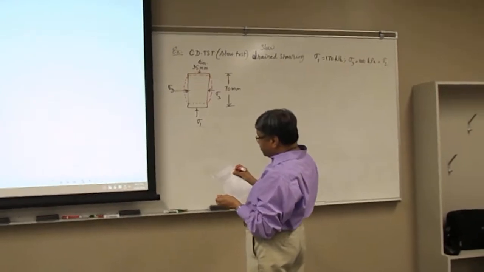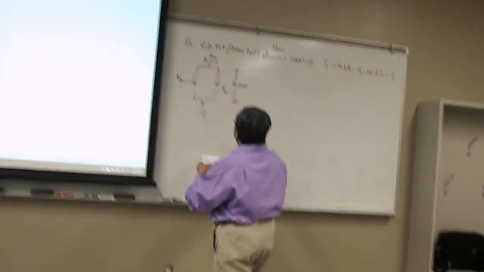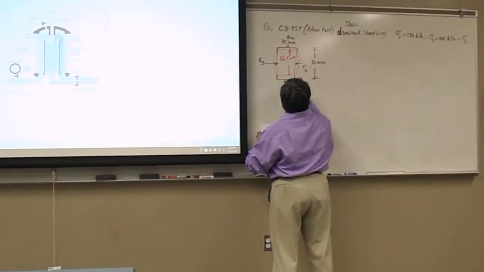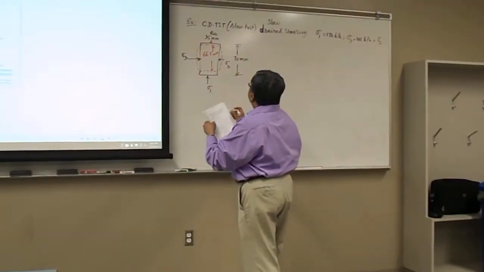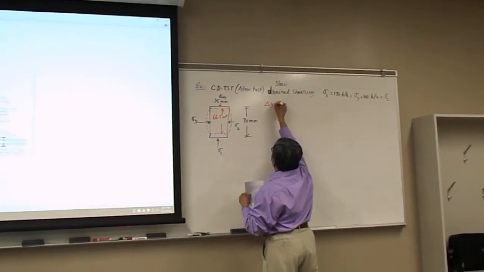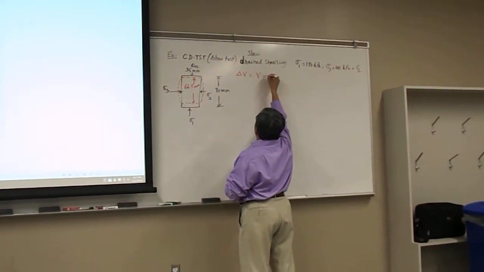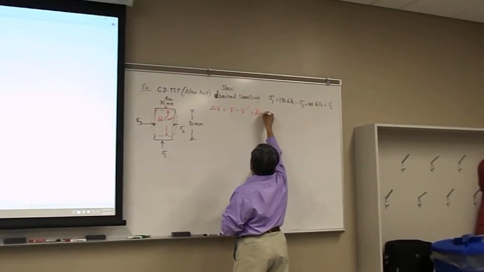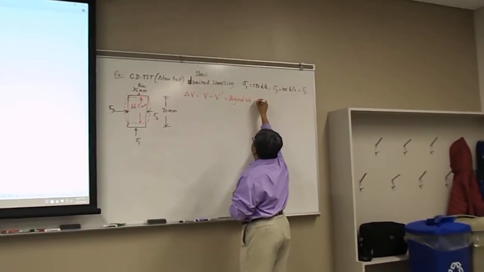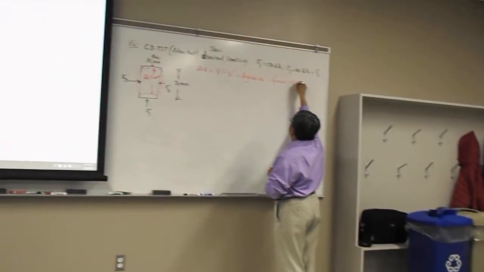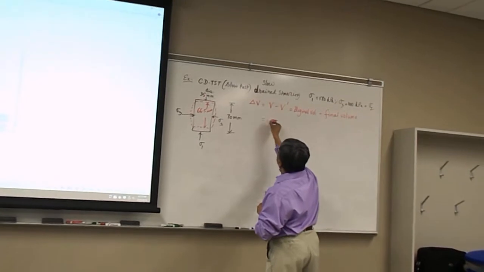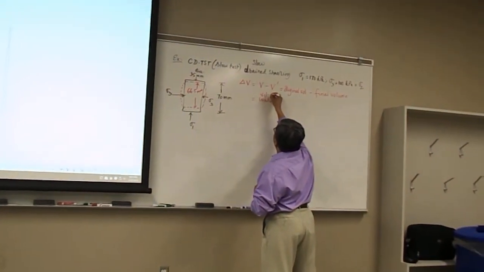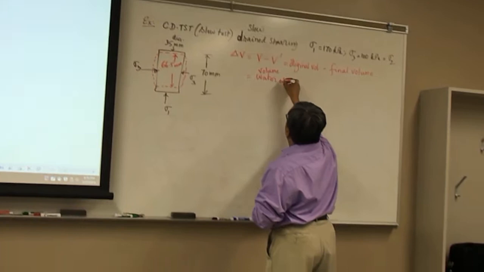Overall, the volume decreases. This is 66.5 millimeters, and that we can find out. And the change in volume, delta V, is V minus V prime, that is original volume minus final volume, which is also the volume of water drained.